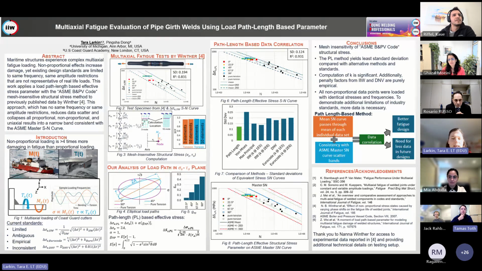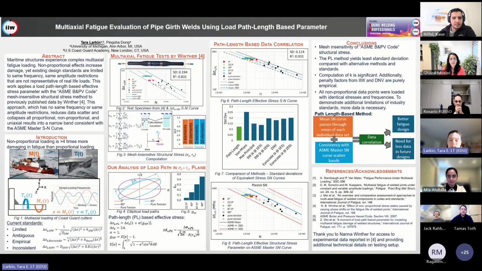Yes. And yes, this was not my data. This was from Nana Winter. She's from Denmark. It would be interesting to know if this approach is only valid for arc welding, or is it possible to use it also for different welding processes, also for circular welds? I mean, if you have something which is friction welded, maybe, or something like that. Right.